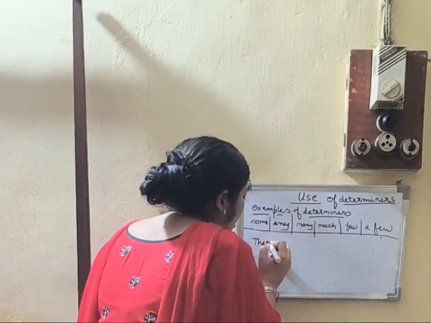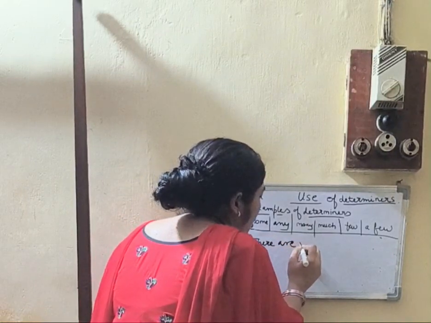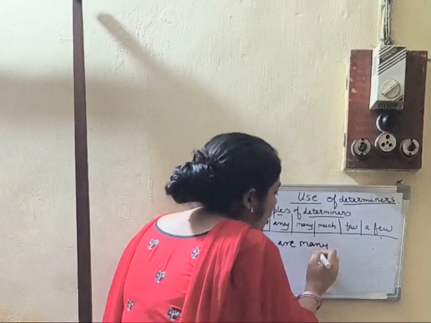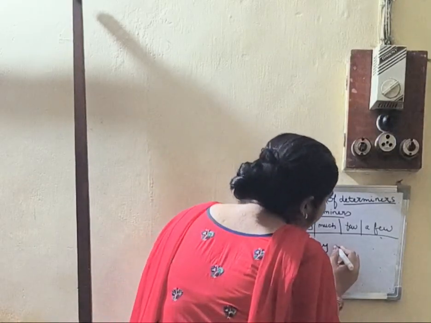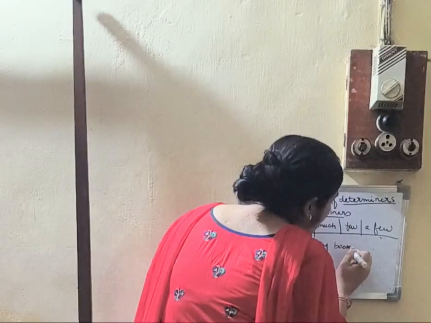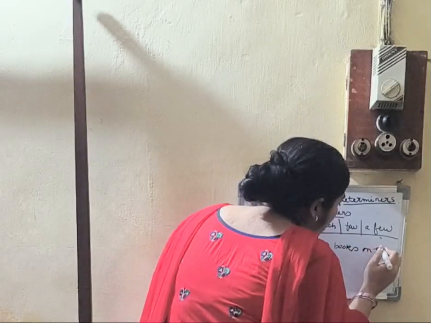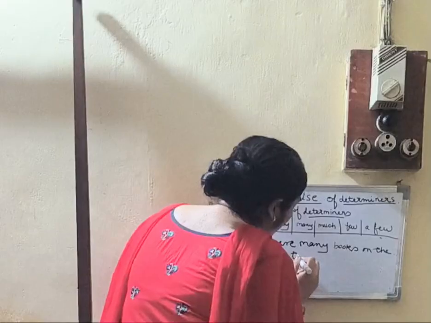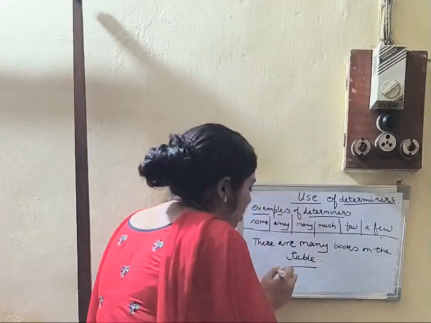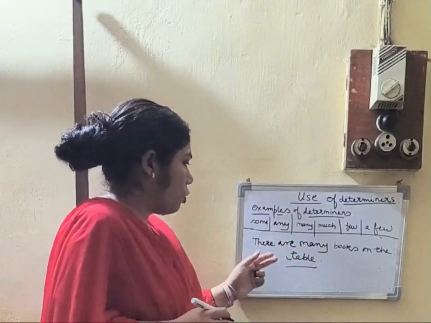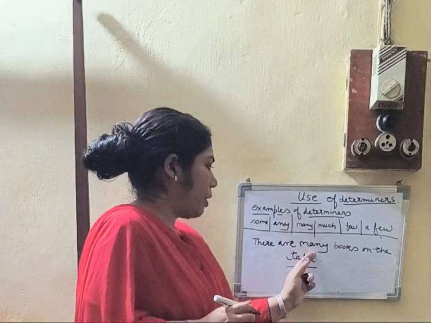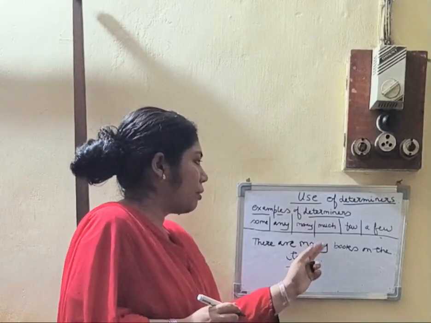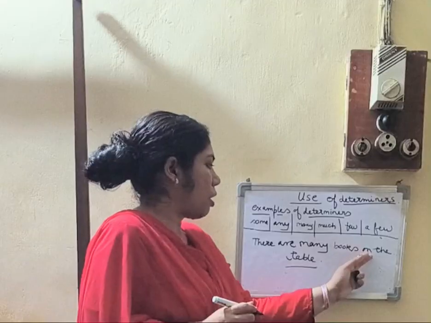There are many books on the table. बहुत सारे बुक्स हैं. कहाँ पे हैं? Using there we can make a sentence using determiner many books.